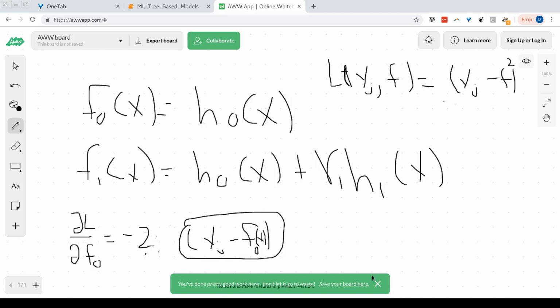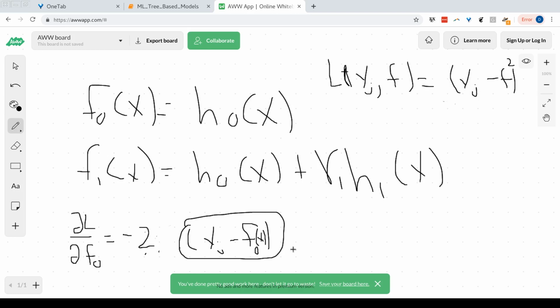So we're going to train h of 1 on these pseudo-residuals. Basically we're going to train h of 1 on the error, which makes sense because you can think of h of naught as trying its best to model the process. Whatever error h of naught was unable to model, what it got incorrect, the new model will try to pick up that slack.